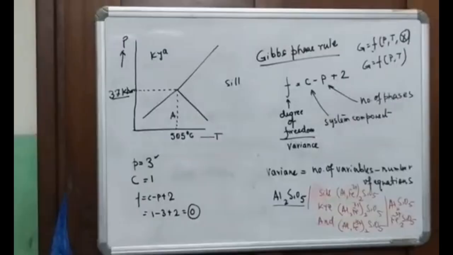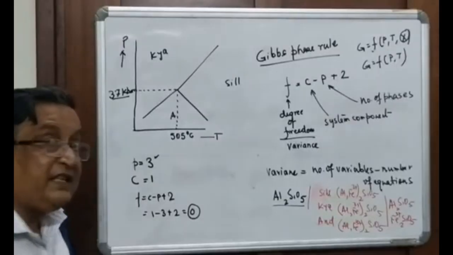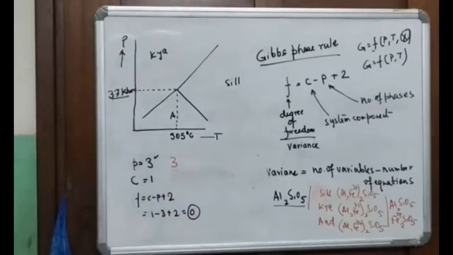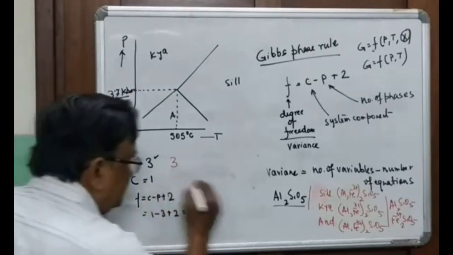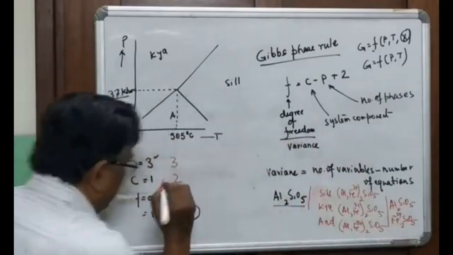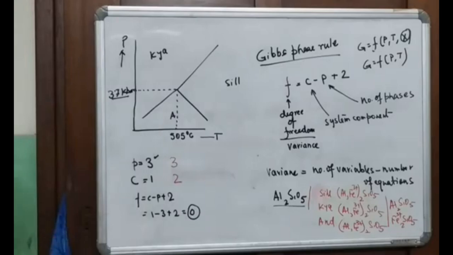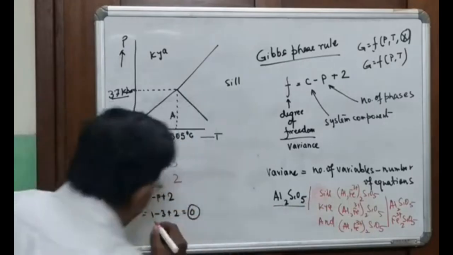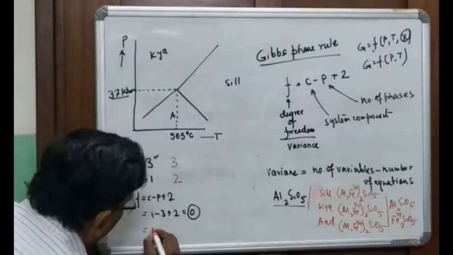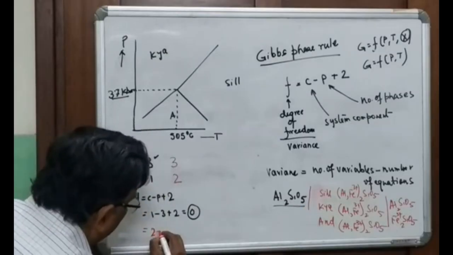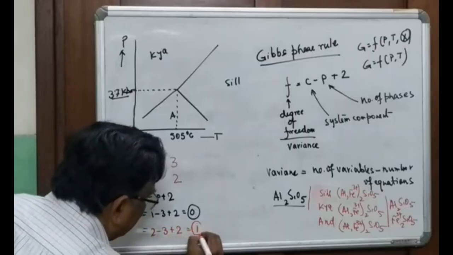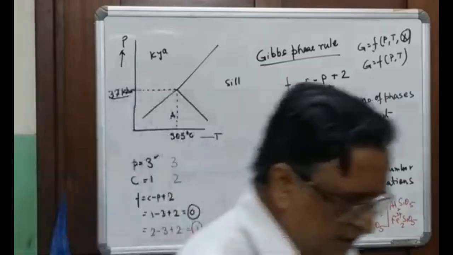Now what happens? How many phases are there? 3. How many components are there? 1, 2. It's a 2-component system. Now if I ask you what the variance is, 2 minus 3 plus 2 is equal to 1. There you go.